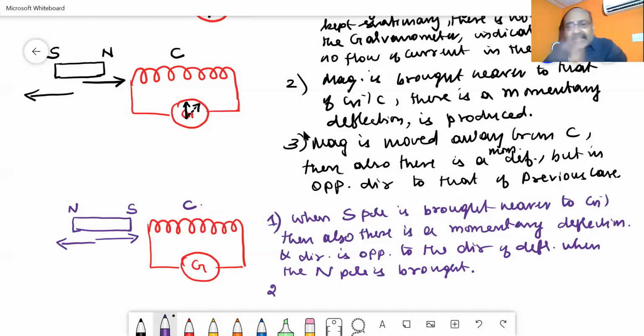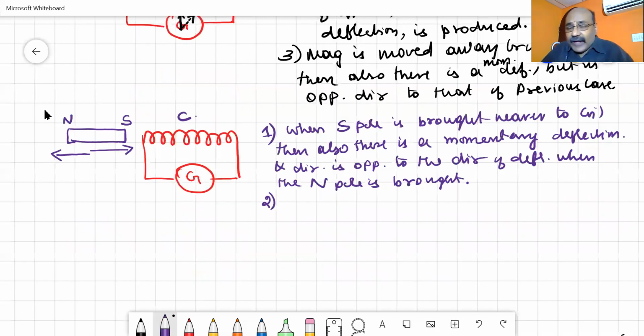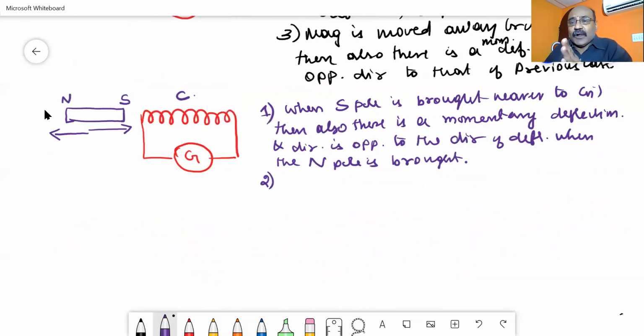Similarly, what is the second conclusion? You take this bar magnet away from the coil so that the south pole is moving away from the coil.